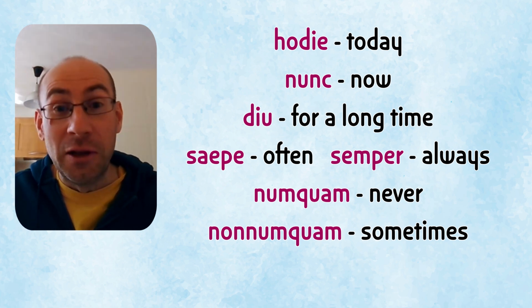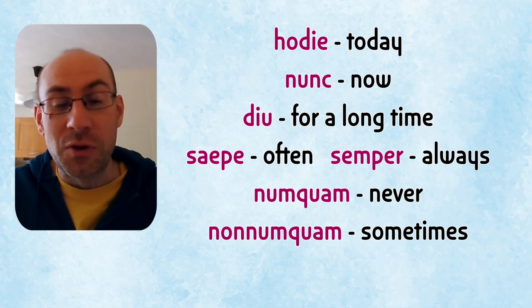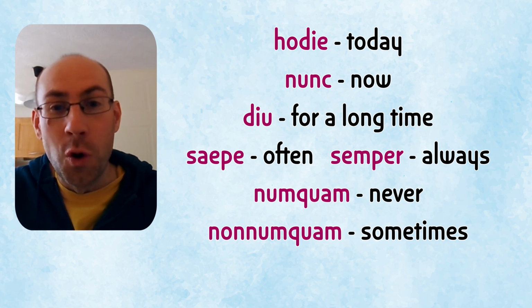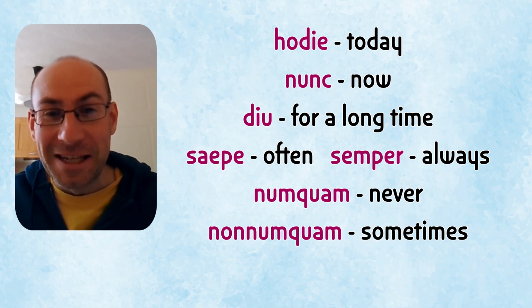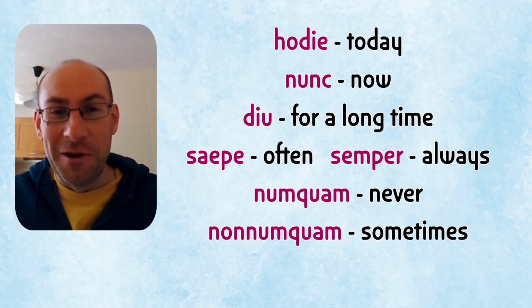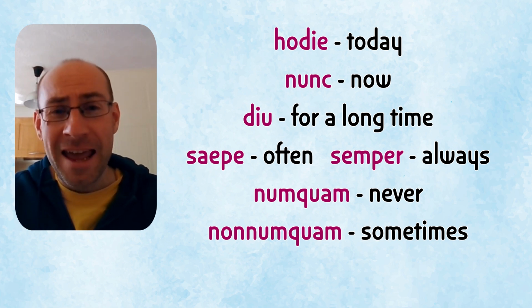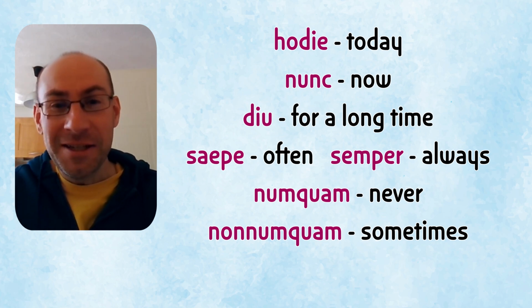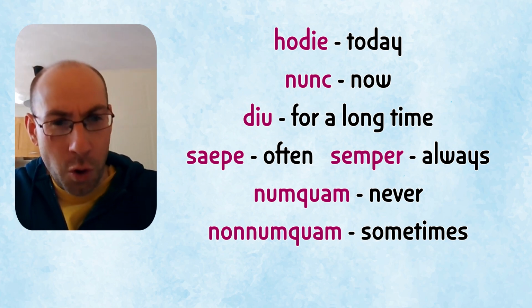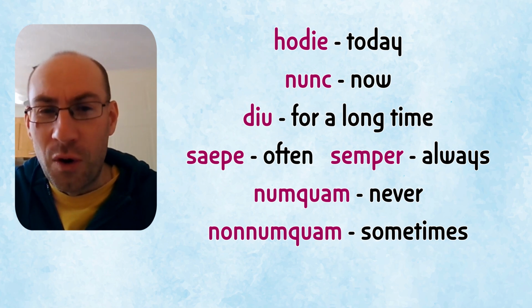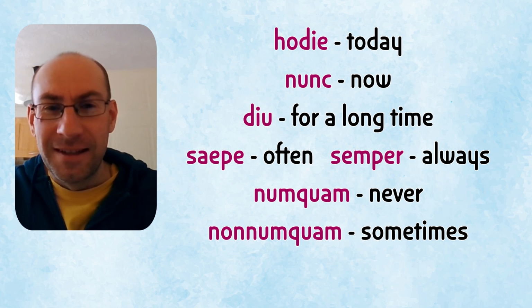Discere is to learn, disco, discere, third conjugation. Nunc, now we're learning Latin. What about today we're learning Latin? Hodie, well done if you remember that. Hodie linguam latinam discimus.